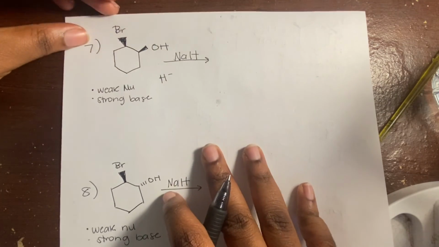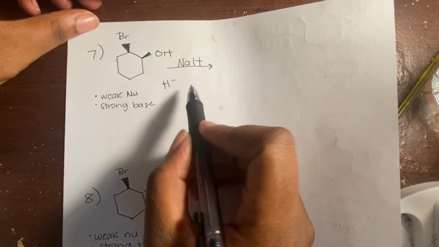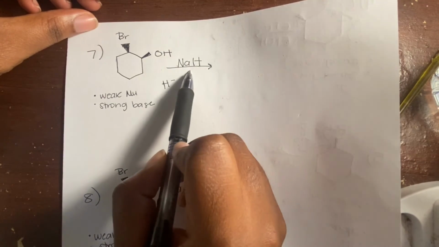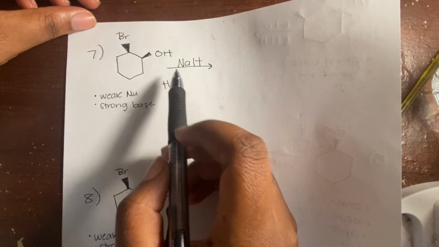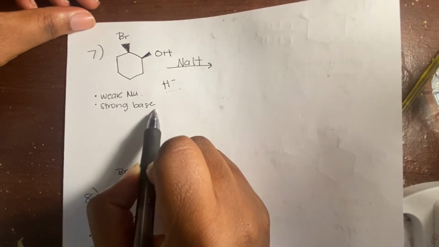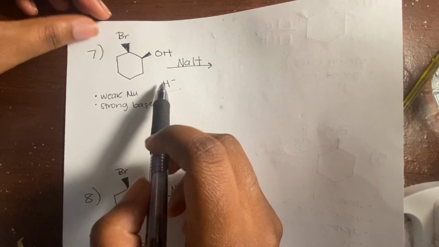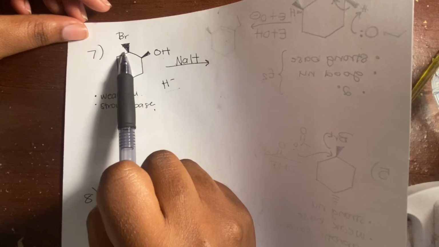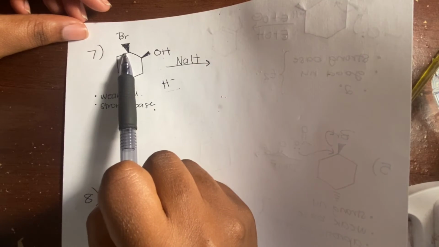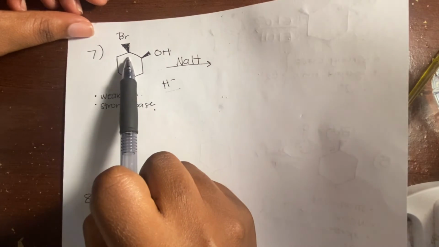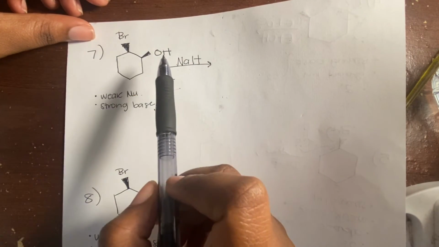Number 7 and 8, we have reacting with NaH, so we have hydride once it separates from sodium in solution, which is a weak nucleophile but a strong base. And our leaving group would be the bromine. It's a better leaving group than the OH because it's bigger. That means it's a weaker base, which, as we know, weak bases make good leaving groups. So bromine is going to be our leaving group.